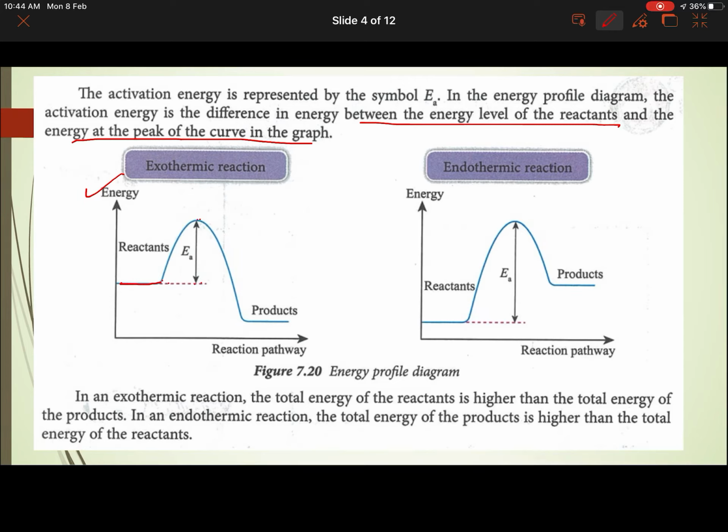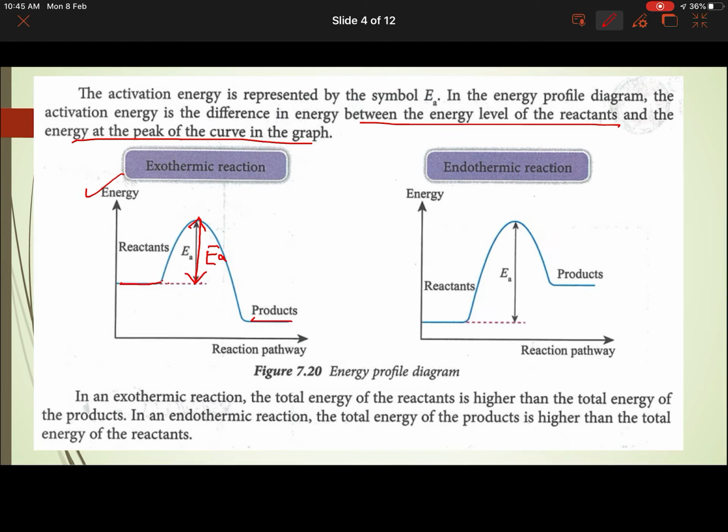For exothermic, the energy level of the product is lower than the reactant. We write the activation energy as an arrow from the energy level of the reactant up to the peak, and we label it EA, the activation energy.